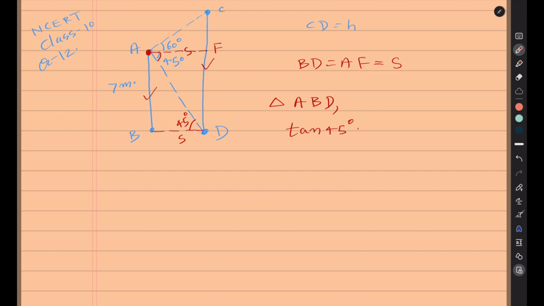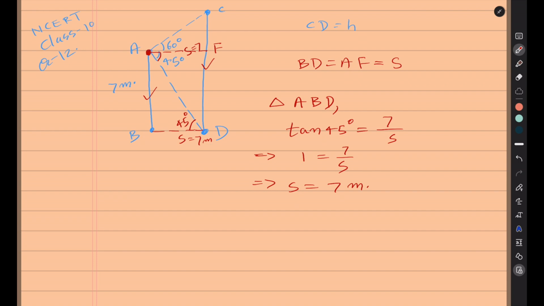I think we can apply tan theta, which is equal to AB divided by BD, which is 7 by S. And we know that tan 45 is 1. So it gives us the distance will also be 7 meter, isn't it? No issues till now.